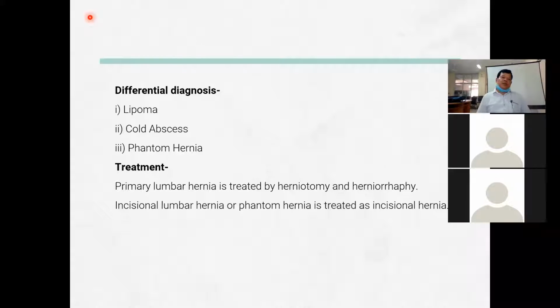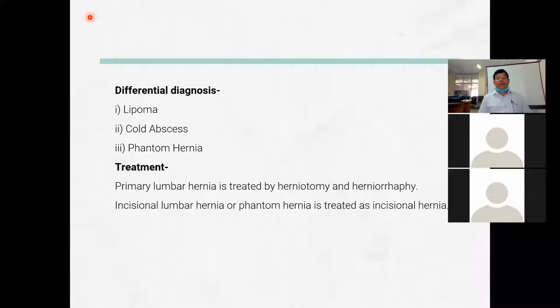Whenever there is a swelling in the lumbar region, the differential diagnosis is lipoma. It may be a simple lipoma, but if those two cardinal features, reducibility and impulse, are absent, then lipoma may be suspected.